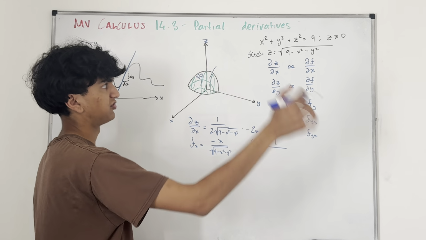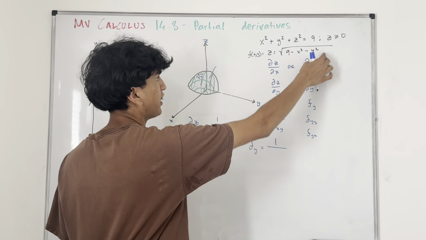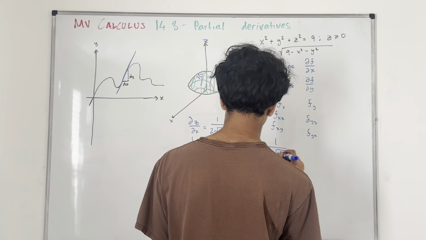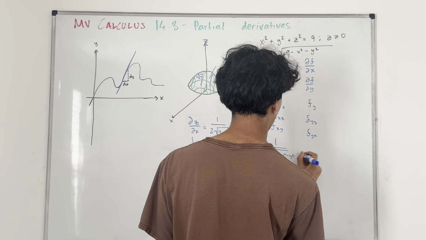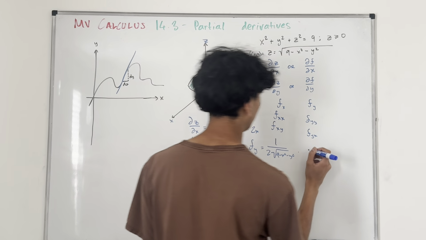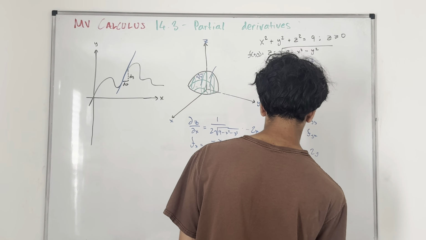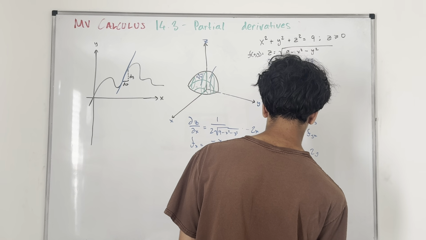Now I'm taking the derivative with respect to y, so the x becomes a constant. I get 1 over 2 root 9 minus x squared minus y squared, times the derivative of the inside, which is negative 2y. So I get negative y over root 9 minus x squared minus y squared.